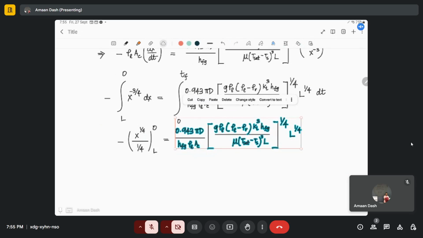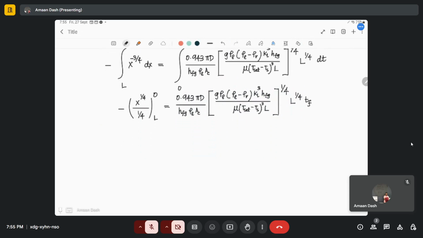The entire term will be there multiplied with, let's say, t_f, right? And if you substitute this, this will be L to the power of 1 by 4. So this implies we can write 4 times L to the power of 1 by 4, and this is equal to this entire term.